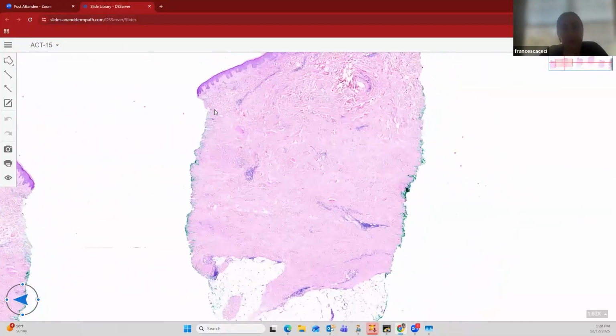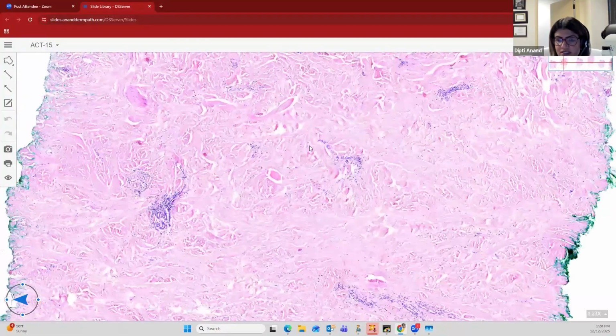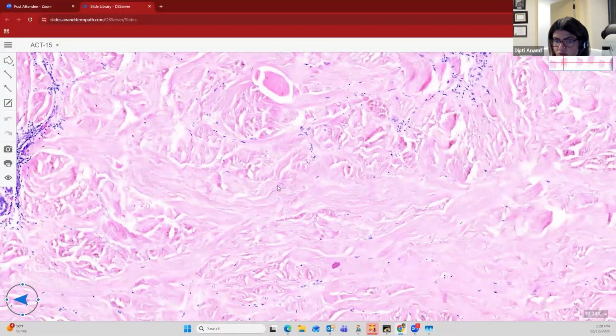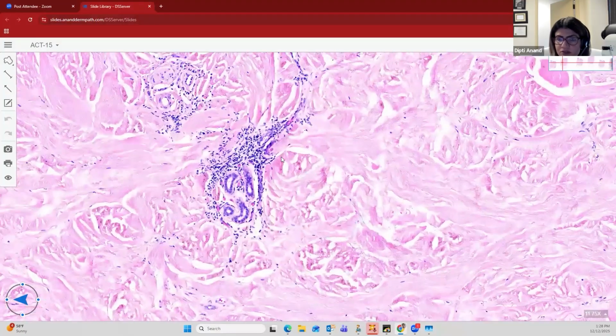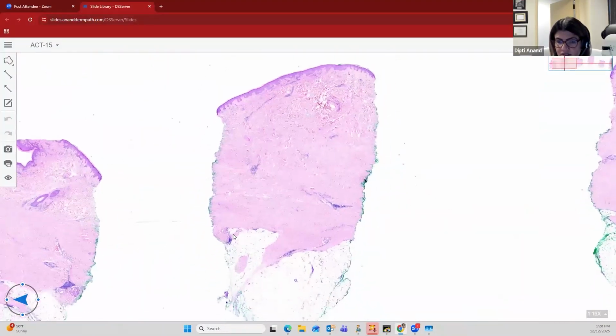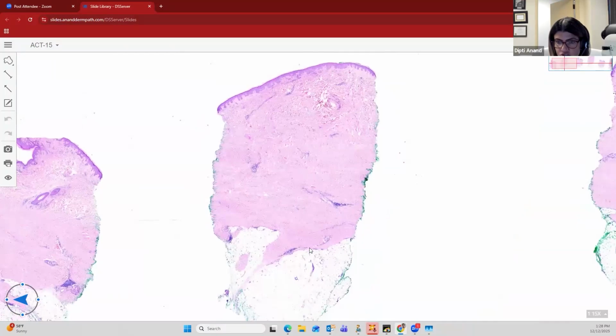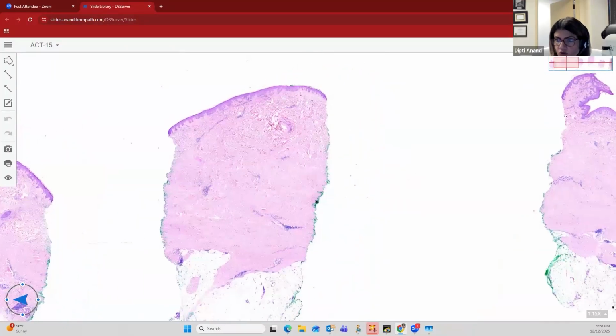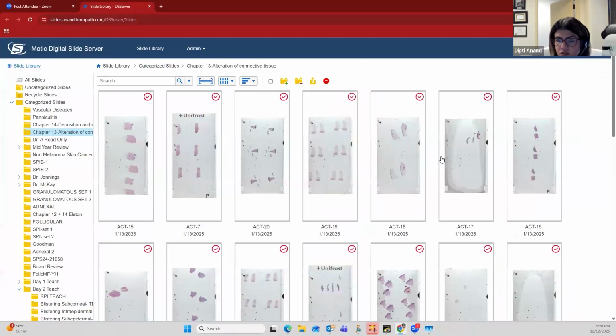So this is again beautiful morphea. You can see the densely sclerotic dermis with obliteration of space between the collagen bundles. You can see the entrapment of the sweat gland and a lymphoplasmacytic interface at its junction with the dermis and subcutis. So that is morphea or scleroderma.